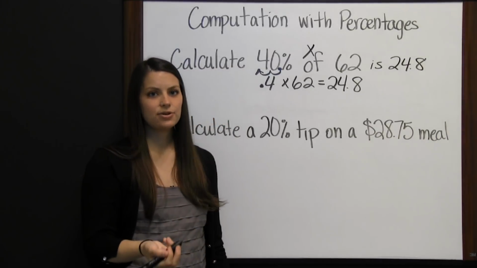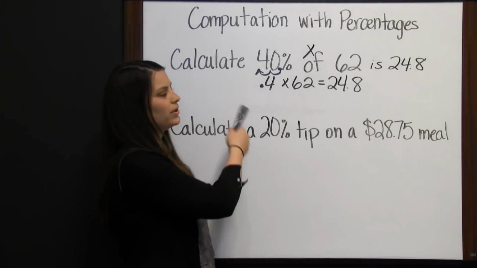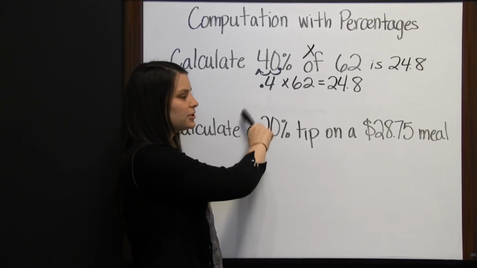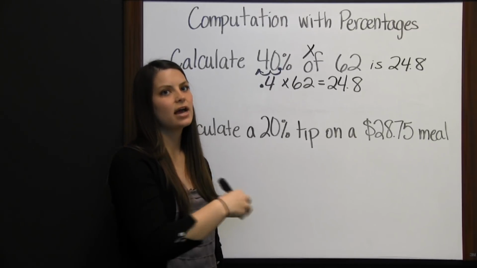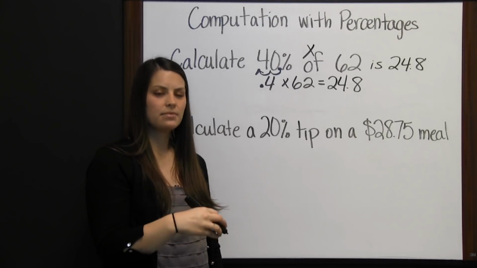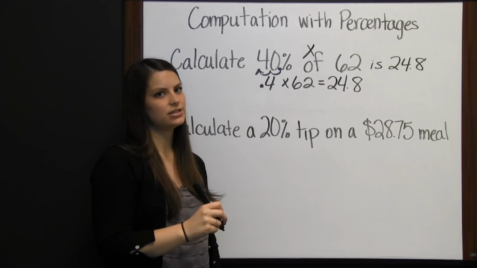You can use mental math to find percentages, and on this one what we could do is find 10% of 62 first and then multiply that times 4, since 10% times 4 would be our 40% of 62.